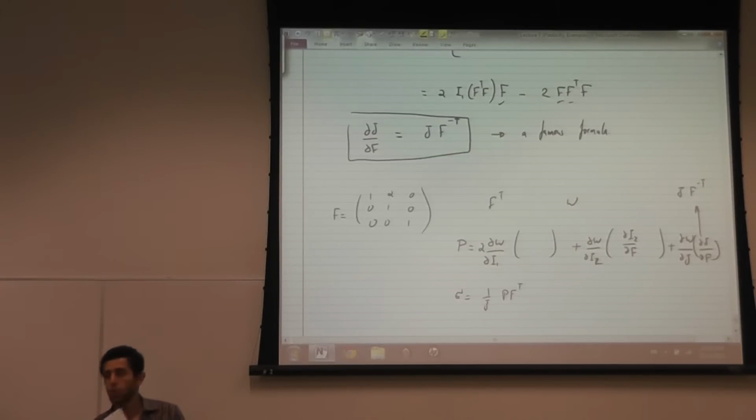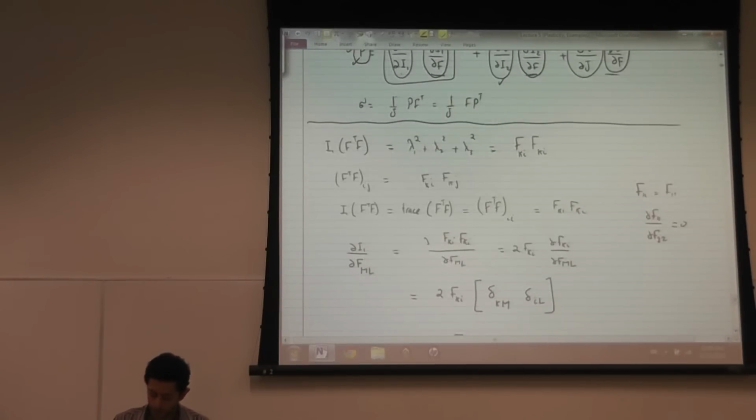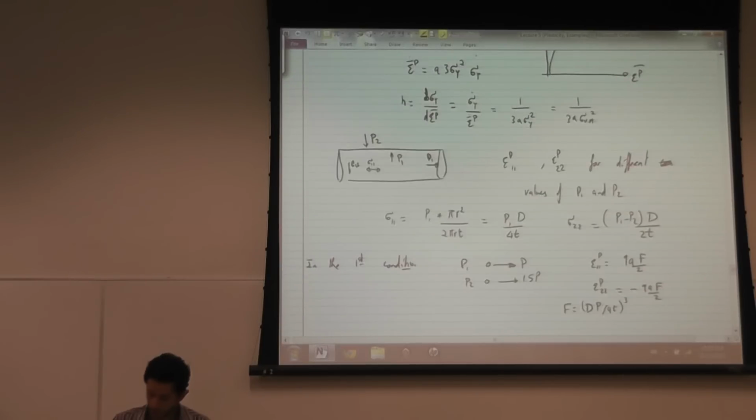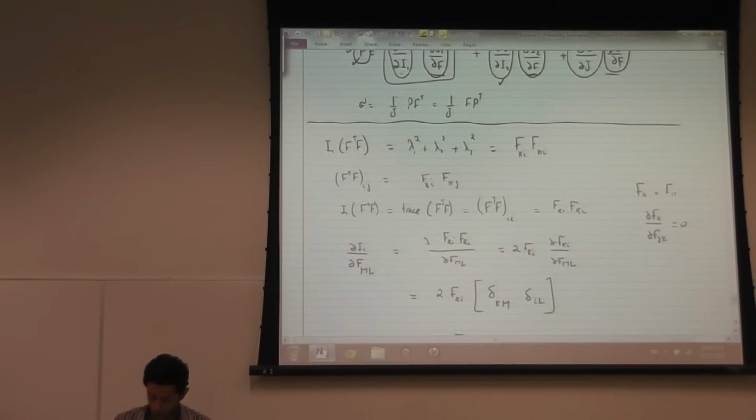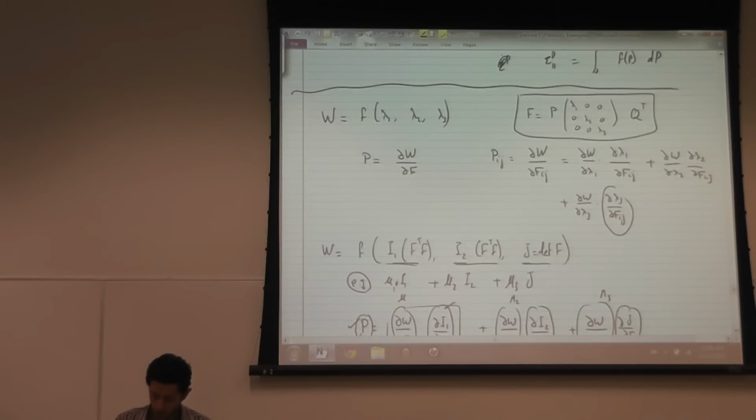And so I put a lot of examples here for you, and even the examples that are in the book, I solved in another way using this approach, and you get the same numbers. So again, this only applies when W is an explicit function of these invariants.